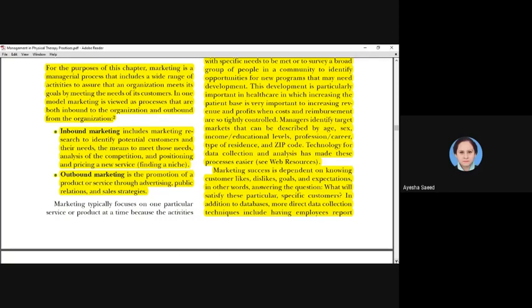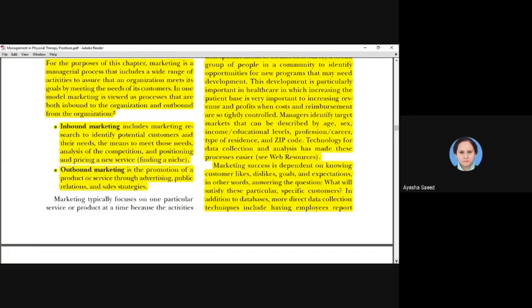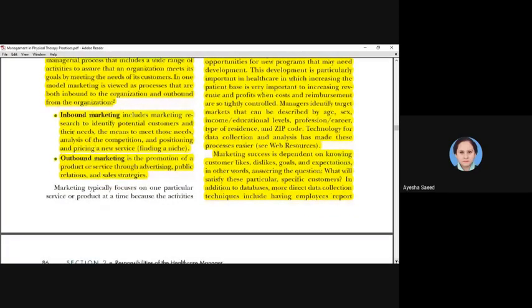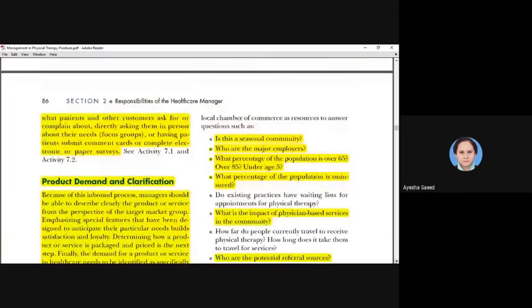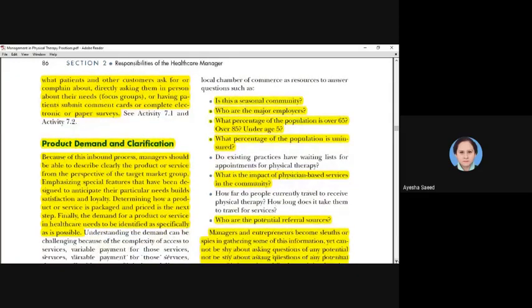In addition to databases, more direct collection techniques include having employees report what patients and other customers ask for or complain about, directly asking them in person about their needs, focus groups, or having patients submit comment cards or complete electronic or paper surveys. So, paper surveys, satisfaction cards, and actually receiving comments from the customers can provide insight into what they want.